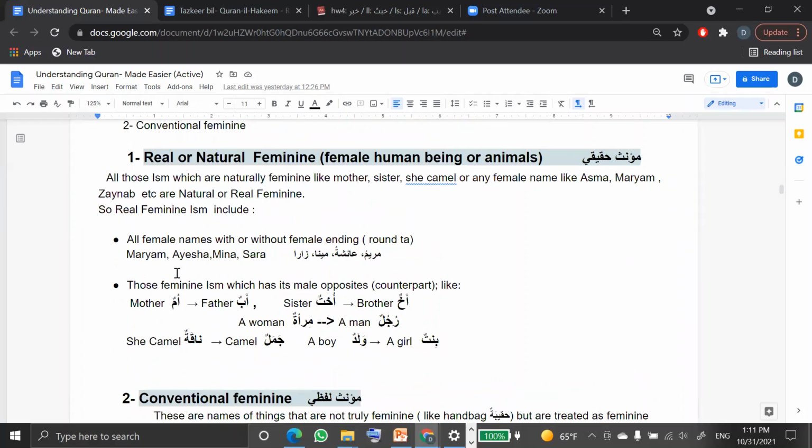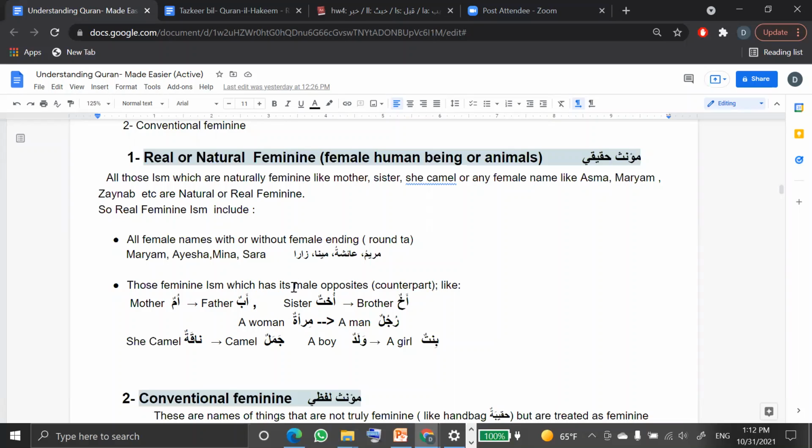So these are natural feminine. Also when you see words like ummun, ukhtun, nisaun, or miratun, meaning a woman, as soon as you see these words, these are feminine isms.